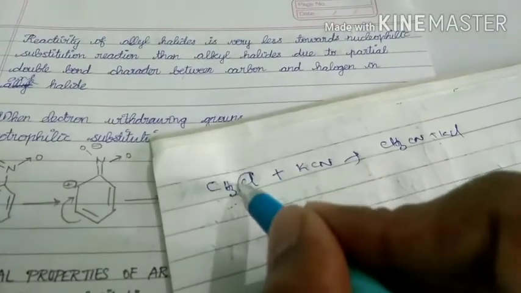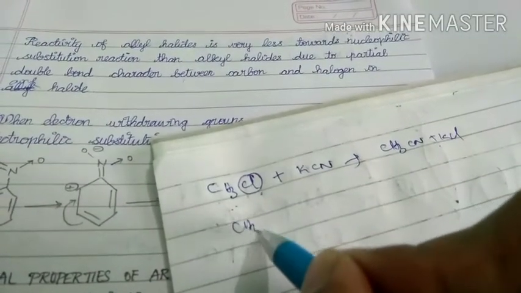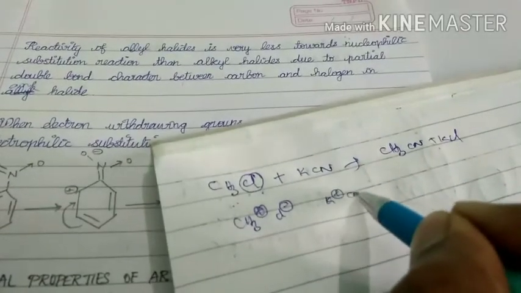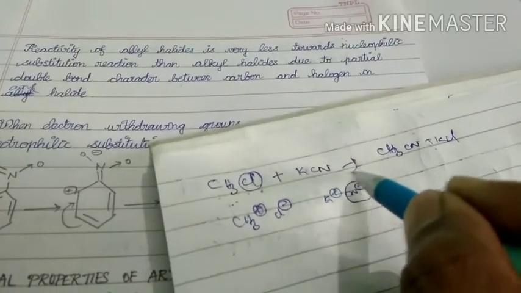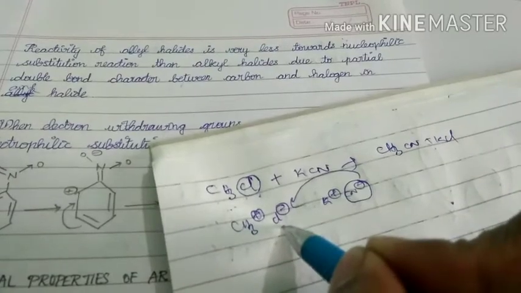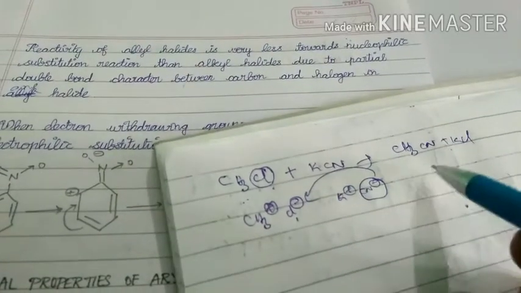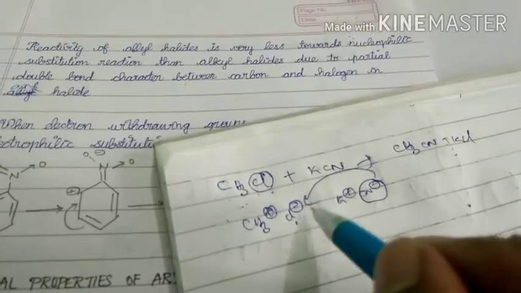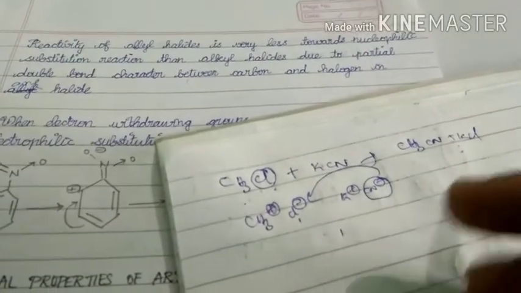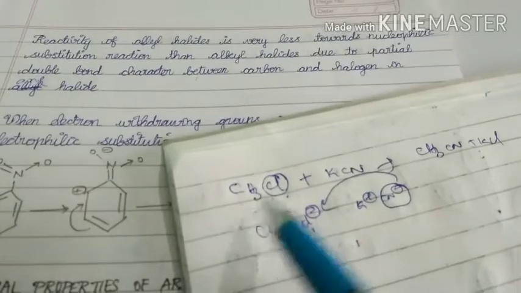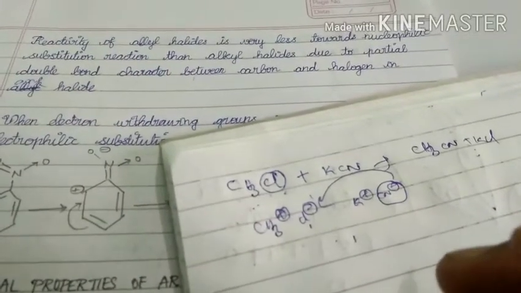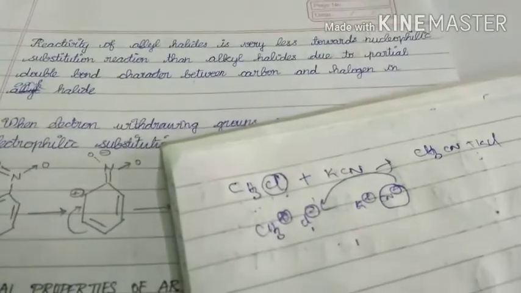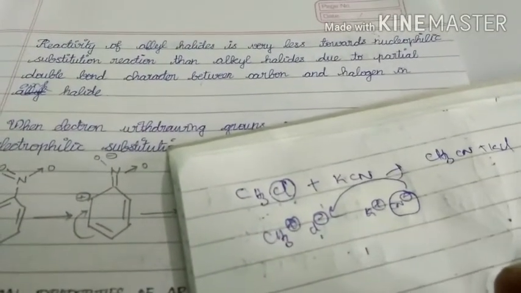We have CH3 plus Cl minus, and K plus CN minus. The CN minus nucleophile replaces the Cl minus in this reaction, so that this product is formed. That means nucleophilic substitution takes place. So we can say that in alkyl halides most of the reactions are nucleophilic substitution, not all reactions, but most of them.